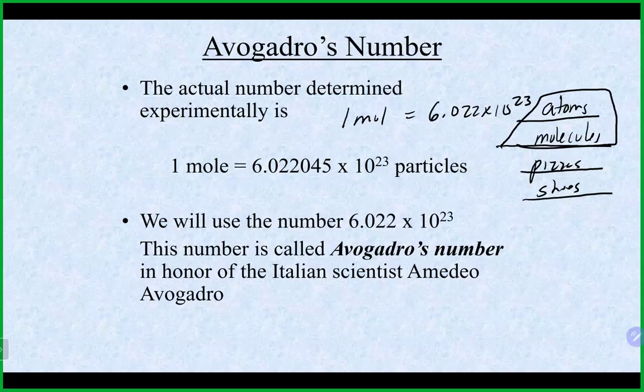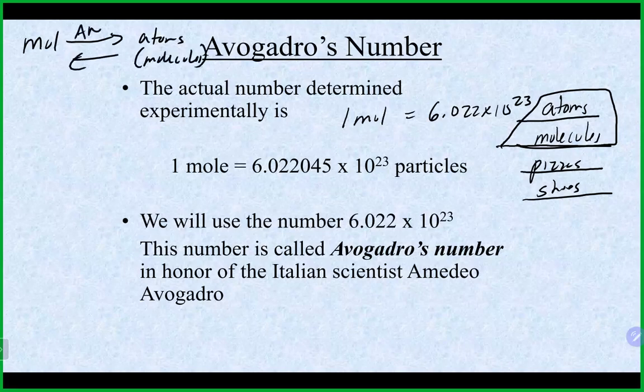For example, if we just had sodium by itself, we would use the units as atoms there. If we had something like water, which is a molecule, we would use the units of molecules. So atoms and molecules are typically used. And really, Avogadro's number is the conversion factor to go between moles and atoms or molecules, and backwards.